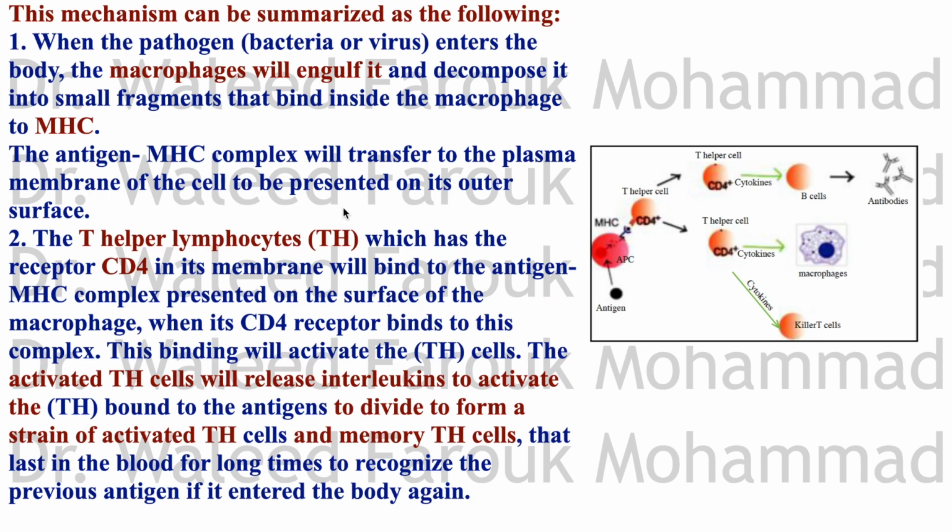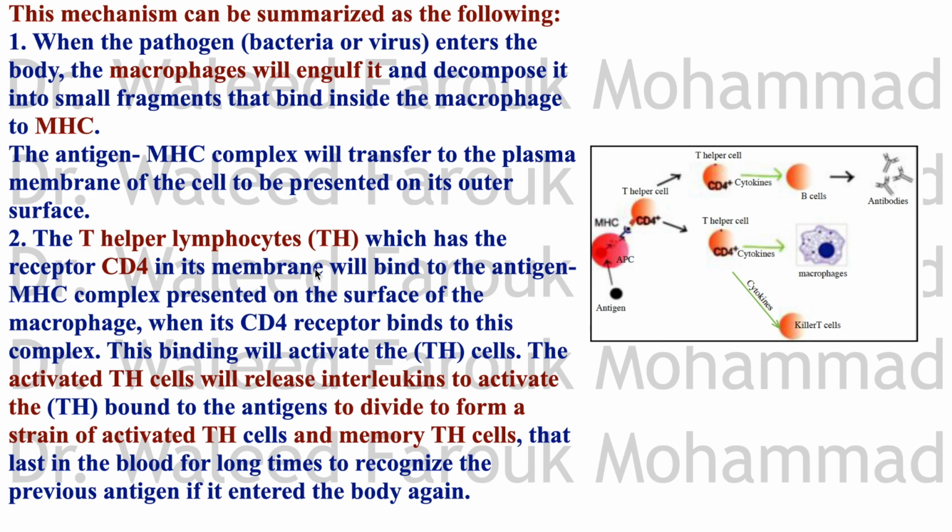ايه بقى الميكانيزم of cell mediated immunity؟ الباثوجين لما يدخل البودي macrophages will engulf it، وقلنا انه هيبقى represented as an antigen major histocompatibility complex. التي helper cells بقى عليها ريسبتور اسمه CD4.